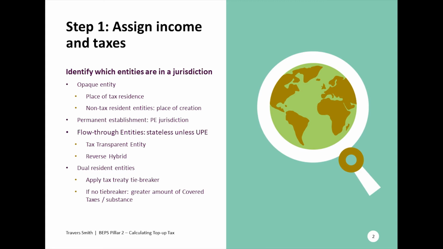So the general rule for flow-through entities is that they are stateless. However, if the flow-through entity is the ultimate parent entity, the UPE, or if the flow-through entity is required to apply the income inclusion rule, then it is regarded as being located where it is created.